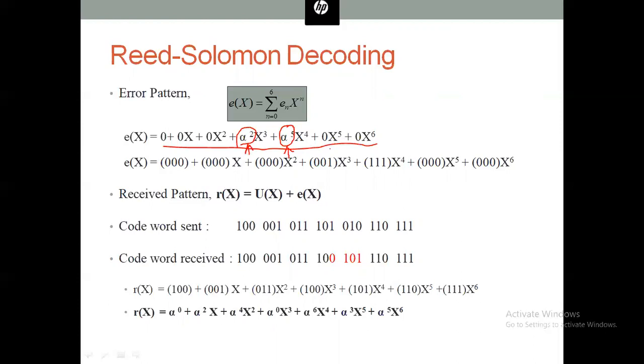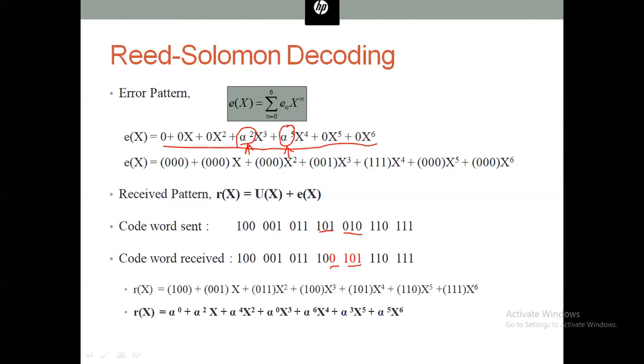So here we see that we have two errors in these two symbols. 4 bits are in error: 3 bits corrupt one symbol and 1 bit corrupts another symbol.